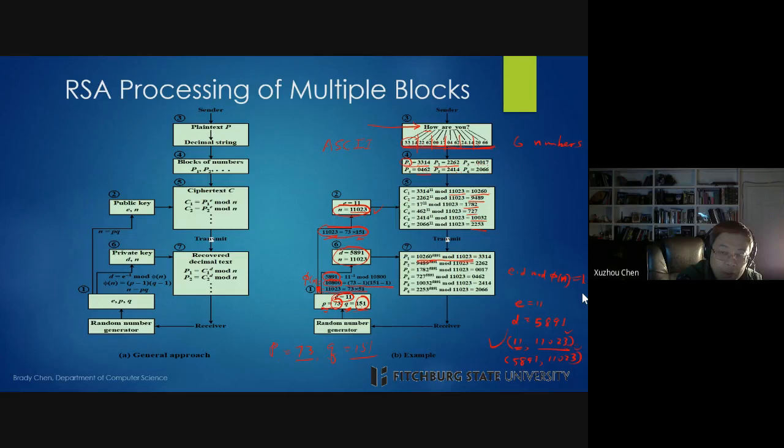But with the computer, it's still not that difficult because it's only 11,023. You can divide it by 3, 5, 7 and 9. You can do a loop and find the factors. Eventually you're going to find that 73 can divide the number. So you can find 73.